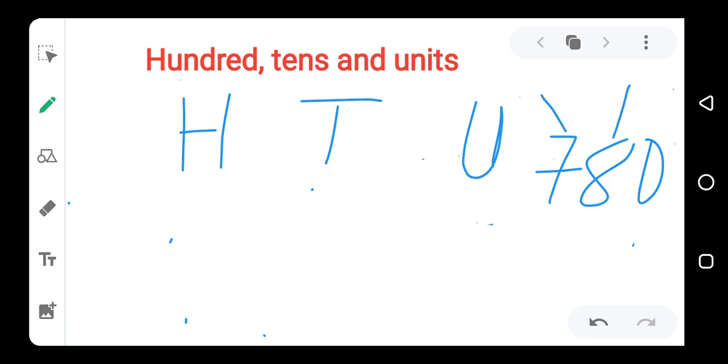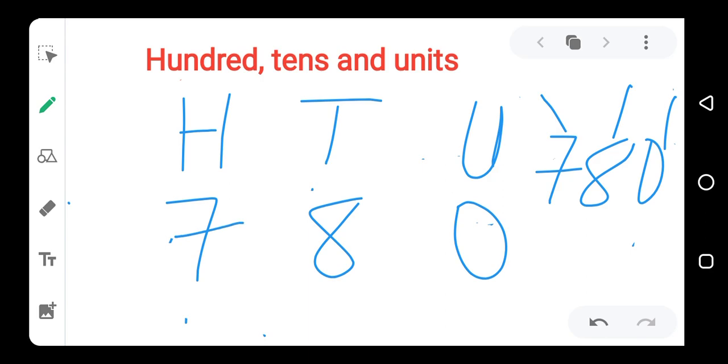So we are going to put 0 under units. The one that is following 0 is 8. We put it under tens. And the one that is following 8 is 7. We put it under hundreds. You see, this is how to do it.